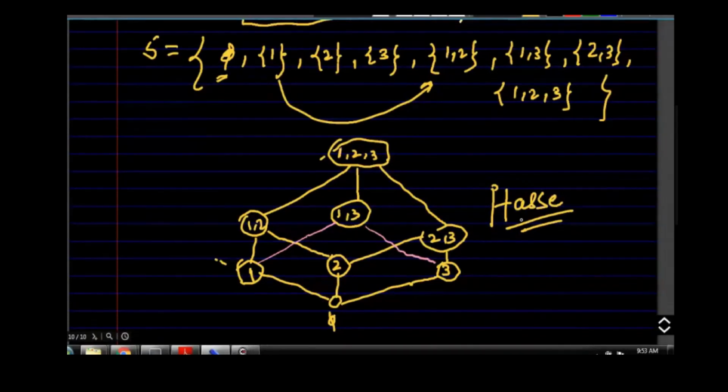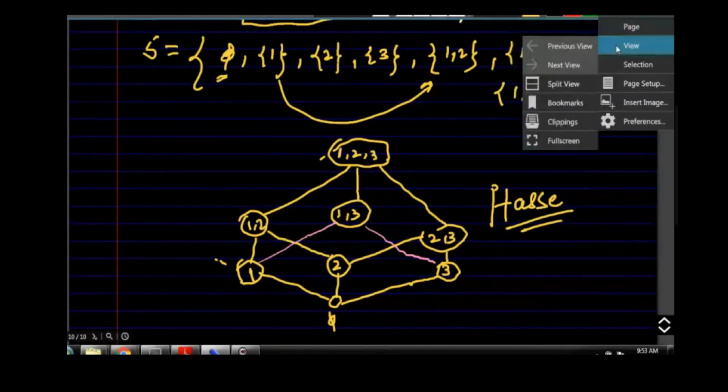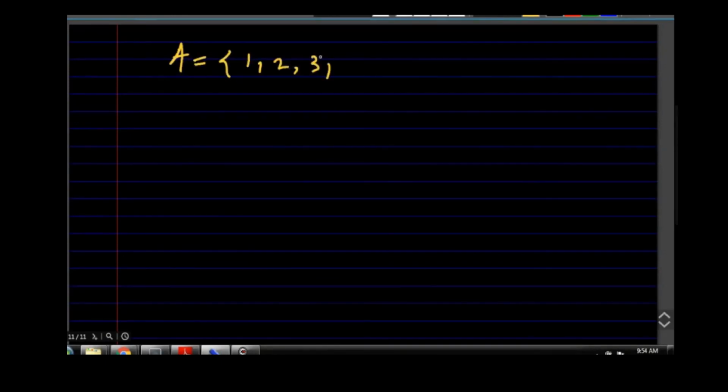Let me give you one example and check whether you are able to draw it or not. The example is, you are not required to prove this example. A equals 1, 2, 3, 6, 9, and the relation is x divides y. Simple example, x divides y.